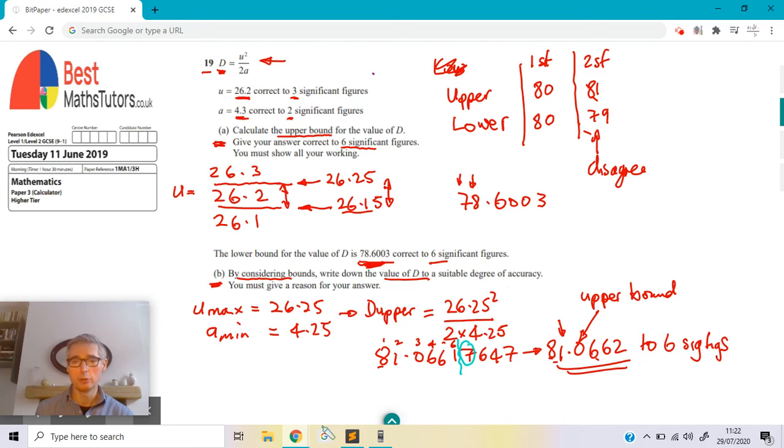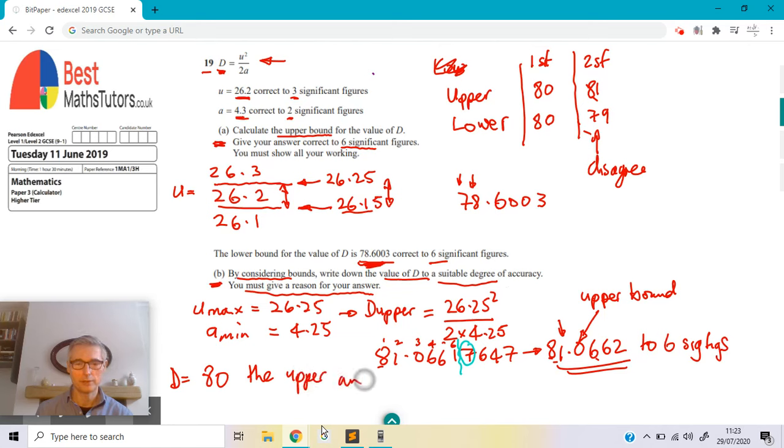So really, all we can say, a suitable value to a suitable degree of accuracy, would be 80. So D equals 80 is a suitable degree of accuracy. And I've got to give a reason for my answer in order to get the marks. What I would say for that is the upper and lower bounds only agree to one significant figure.